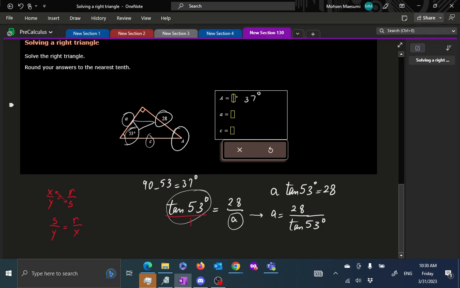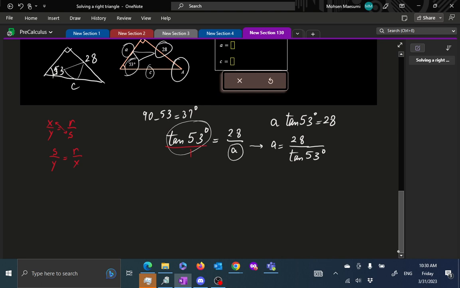We also want to find C. So again, let's remember, we have a picture like this. This is given as 53 degrees. This is given as 28. And this is the hypotenuse we are trying to find. So again, we ask, what's the relationship between these three items? The given information at the beginning of the problem, if it's possible, we use those.